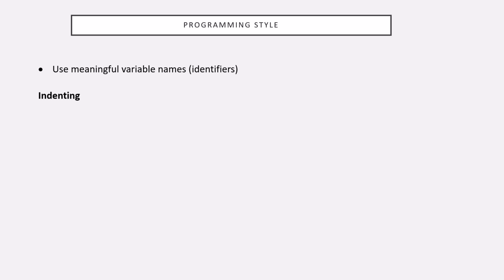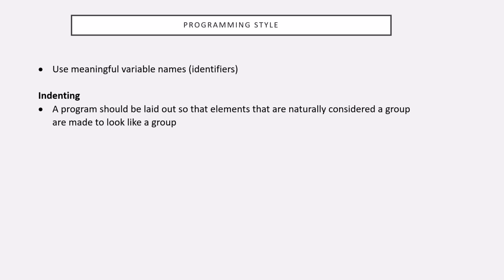Indentation, although it is not required like it is in Python, is useful to make code easier to read. Everything is grouped in curly braces, so inside of a block of code that starts with a curly brace, say with your header up here and it's an if condition, everything that belongs in that should be indented. And if you have a nested one, everything there would be indented further.